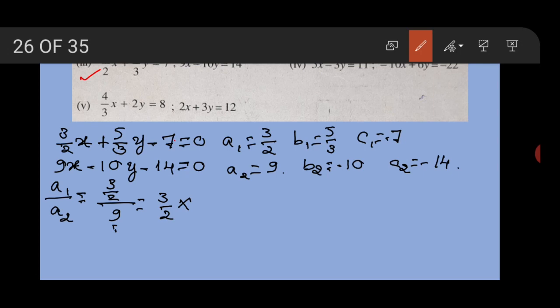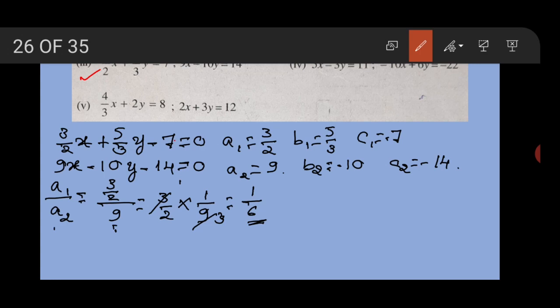What is the reciprocal of 9? We can write it in 9 divided by 1 form. Reciprocal is 1 divided by 9. So on simplification, 3 ones are 3, 3 nines are 9, and 2 threes are 6. So it is equal to 1 divided by 6.